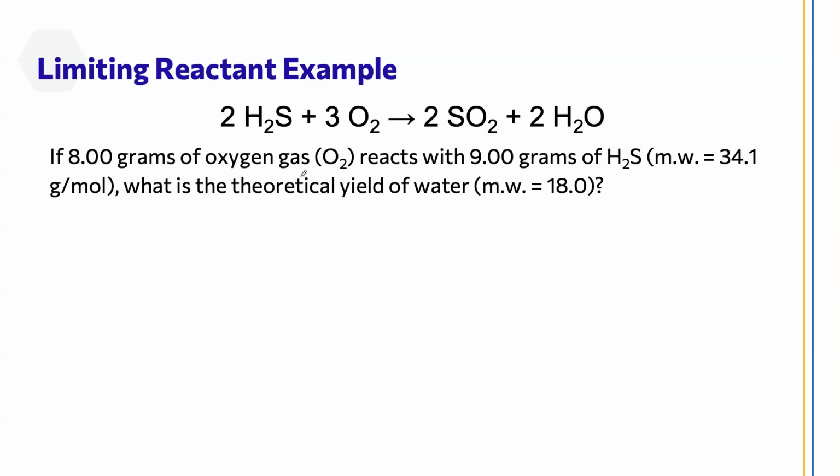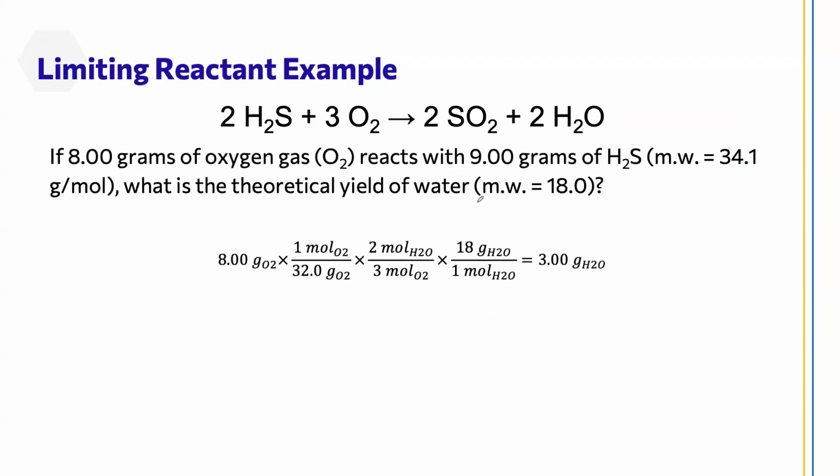If I have 8 grams of oxygen gas reacting with 9 grams of H2S, what's the theoretical yield of water? So this is a typical limiting reactant problem. I need to do stoichiometry twice. I start with 8 grams of O2, divide by the molar mass, times the mole ratio, times the molar mass of water.